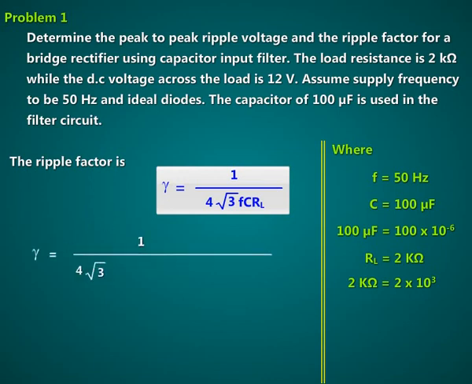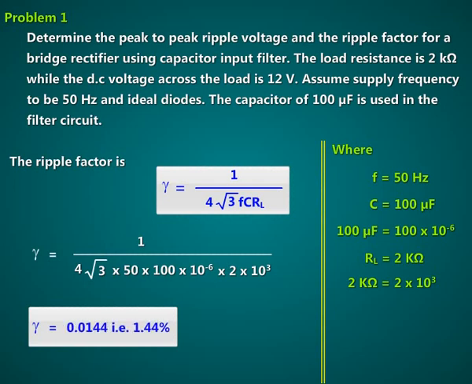Gamma is equal to 1 by 4 root 3 into 50 into 100 into 10 to the power of minus 6 into 2 into 10 to the power of 3. Gamma is equal to 0.0144, that is 1.44%.